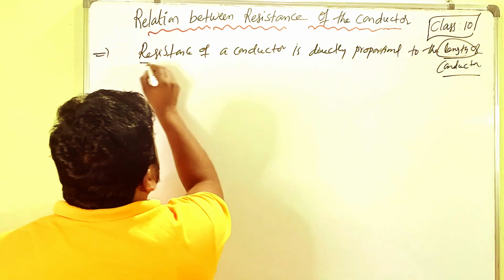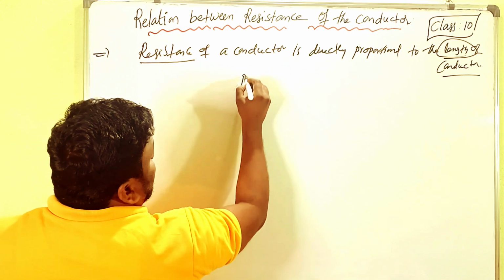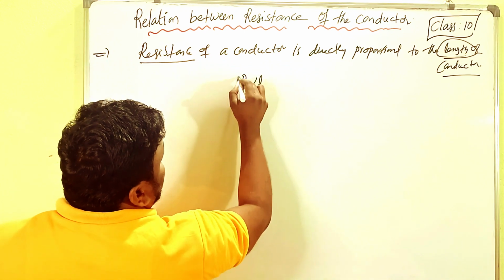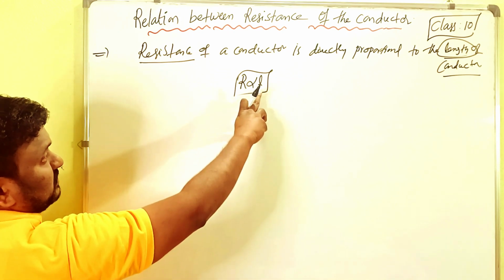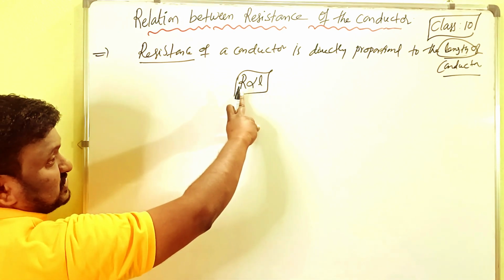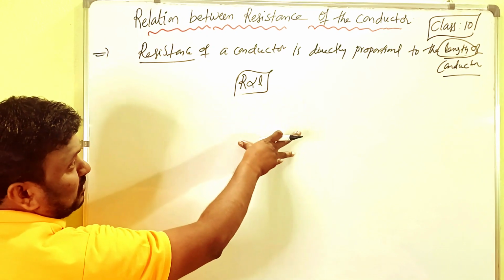We can write it like this: R is proportional to L. When the length of the conductor increases, resistance also increases. When the length is small, resistance is also small.